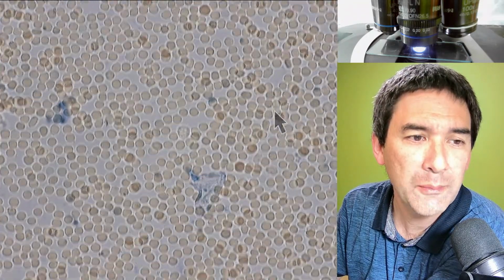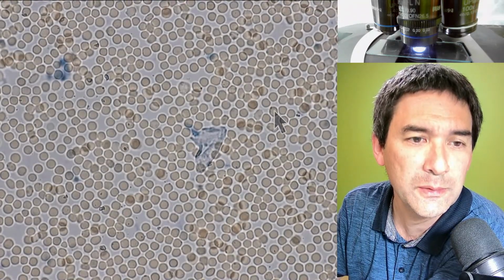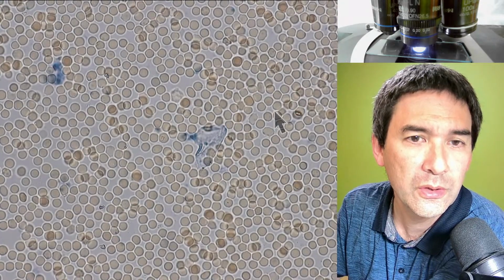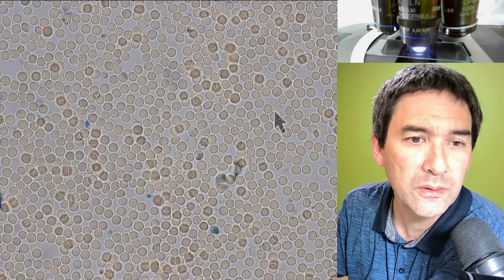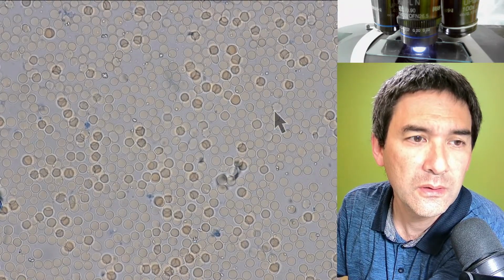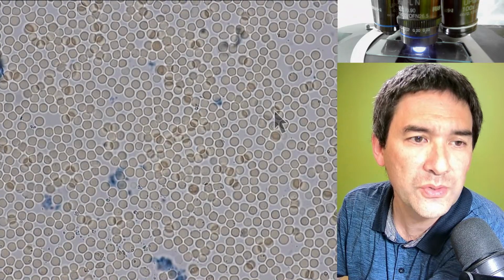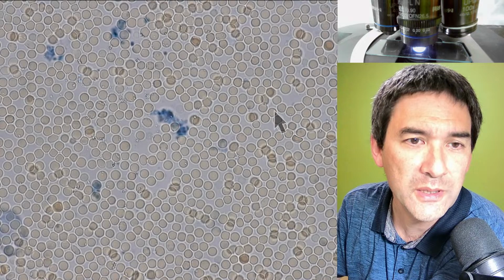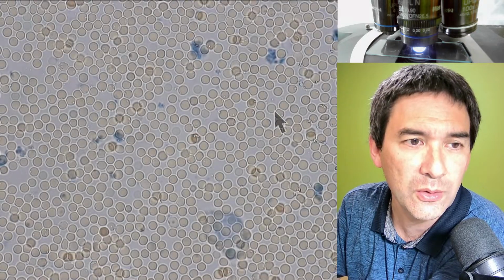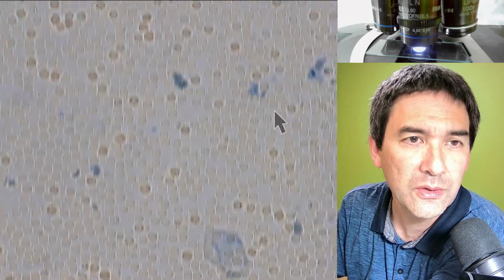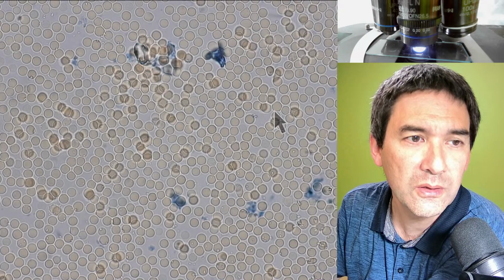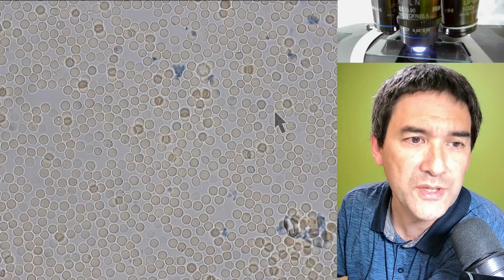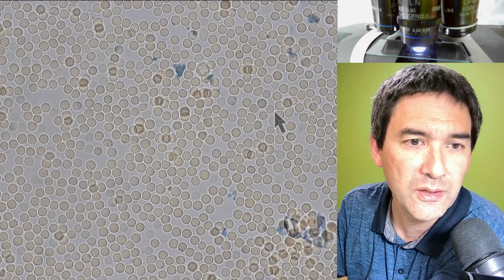Some contaminants that you see in here do stain a little bit bluish, but these are just contaminants, and I do not see any white blood cells now. So I think the methylene blue from before was actually a little bit better.